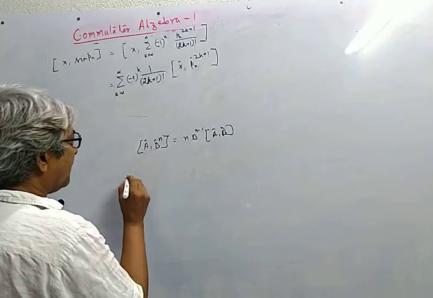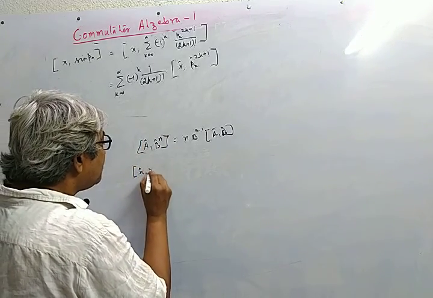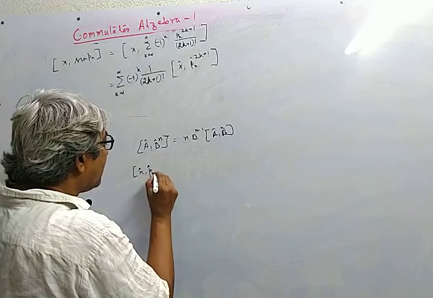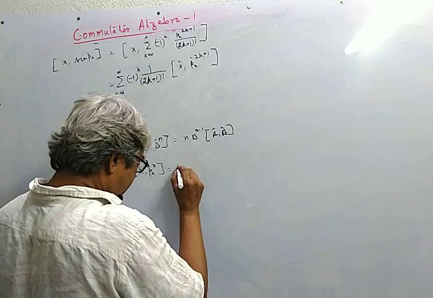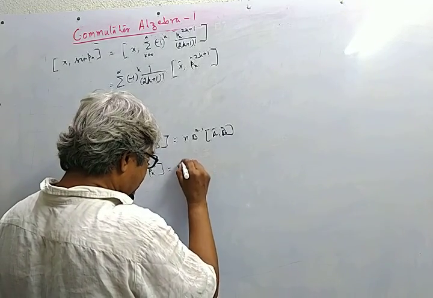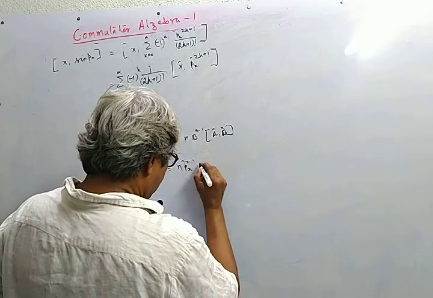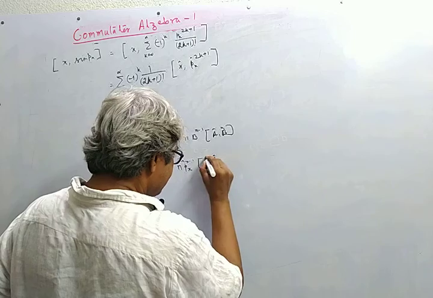So in the case of x with px to the power n, it would be n px to the power n minus 1 times the commutator of x and px.